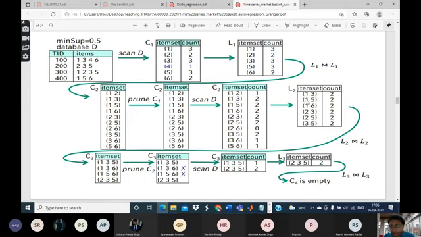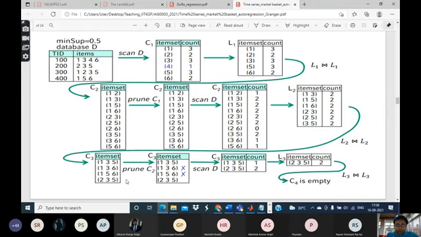Combining 1 6 and 2 3, we would get a tuple of size 4, but as of now we are considering only tuples of size 3, so we will not consider that right now. Next we find 1 3 and 2 3; combining them we get 1 2 3, then 1 5 and 2 5, so 1 2 5, and so on.